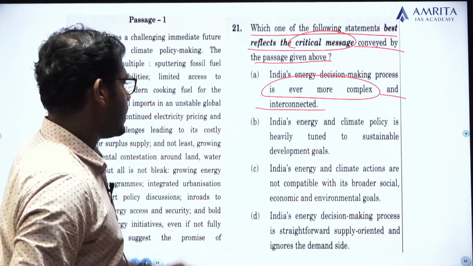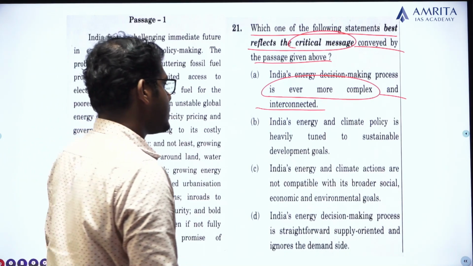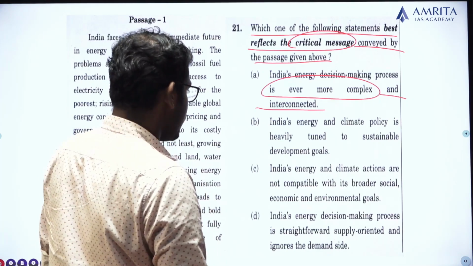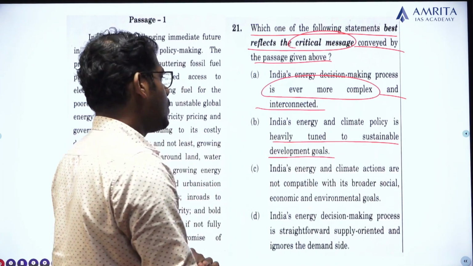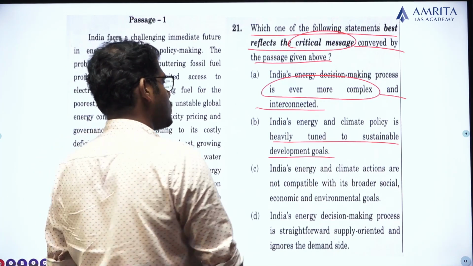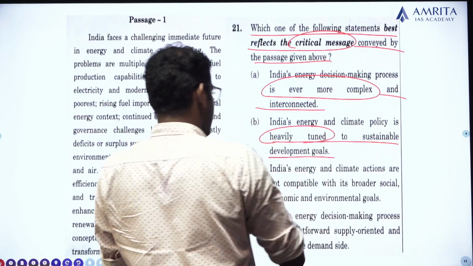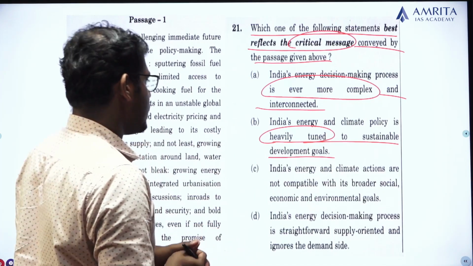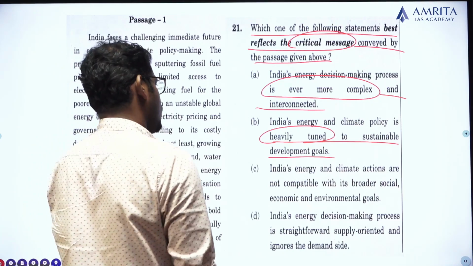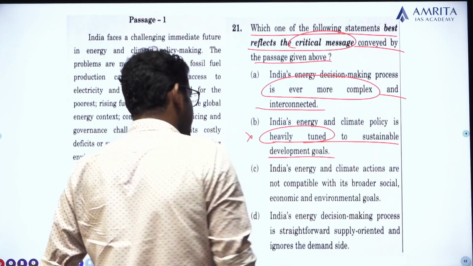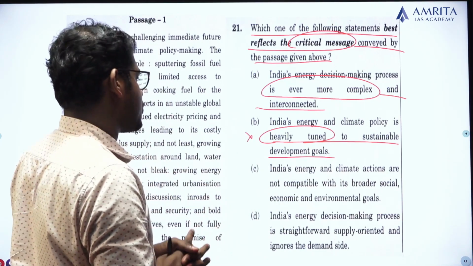So anyway, I am reading the next one. India's energy and climate policy is heavily tuned to sustainable development goals. It's an extreme one. I don't feel it's a general statement. It's an extreme statement. Next one.